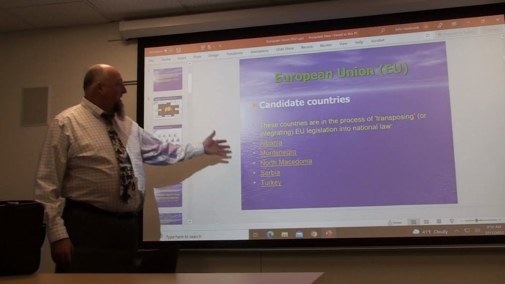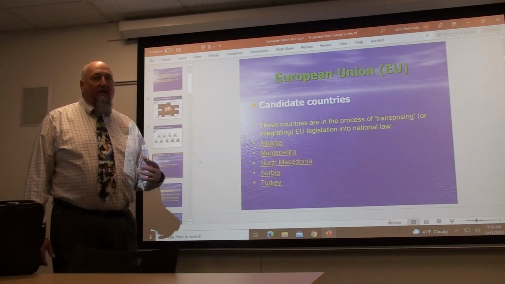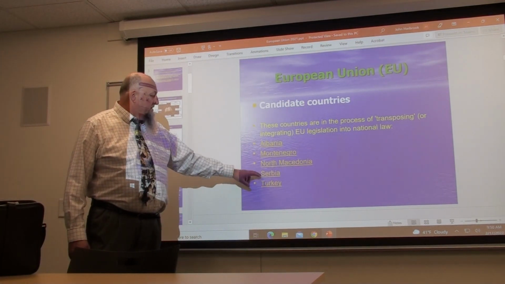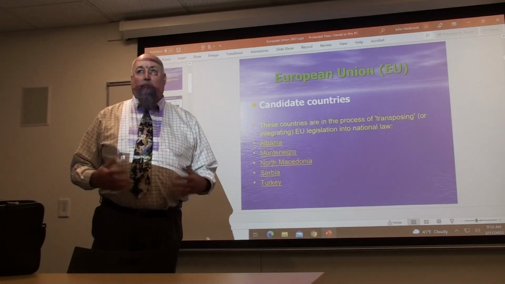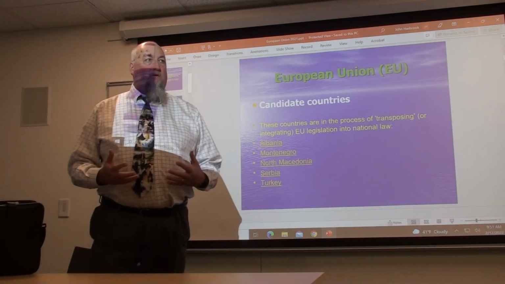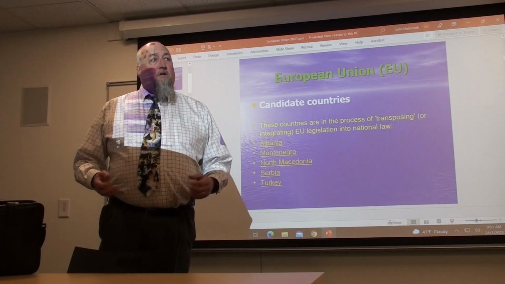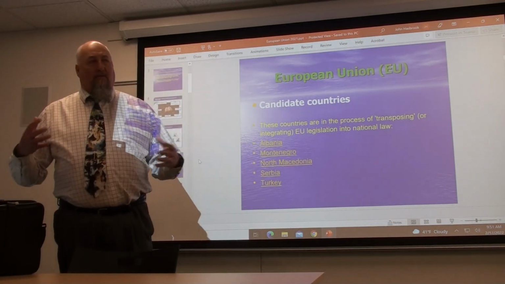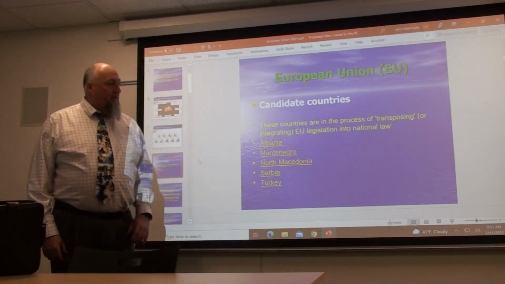So these are the current candidate countries which are in the process of applying to integrate into the European Union: Albania, Montenegro, North Macedonia, Serbia, and Turkey. In order to be admitted into the European Union, of course, the EU has to agree, but these countries also have to meet certain benchmarks in terms of economic activity, in terms of adopting interest rates and that sort of thing, before they can be admitted or considered to be admitted.